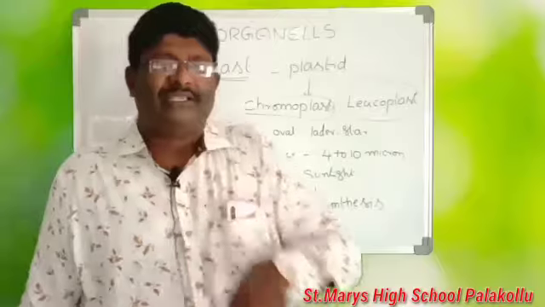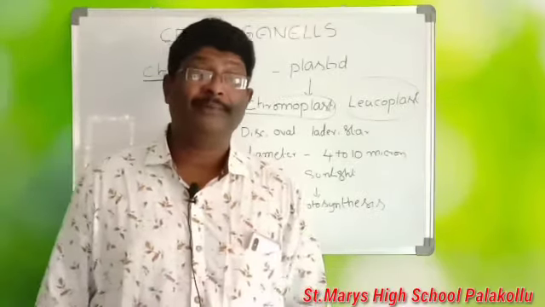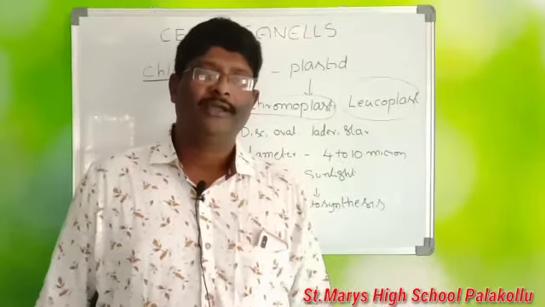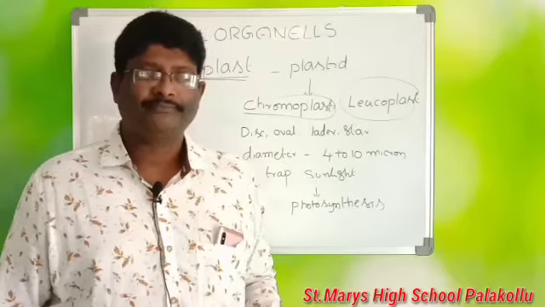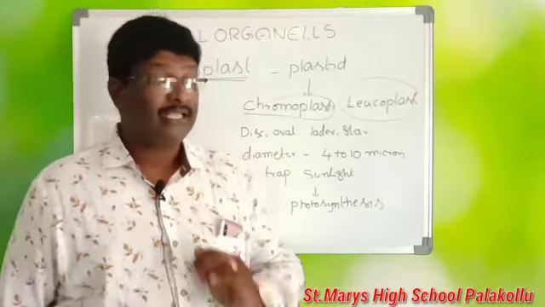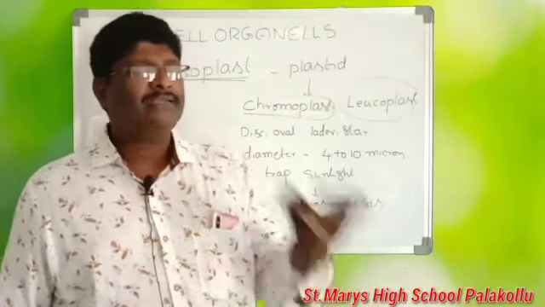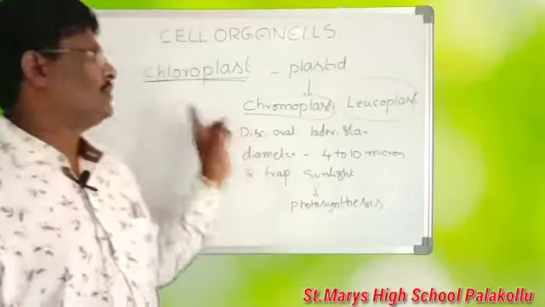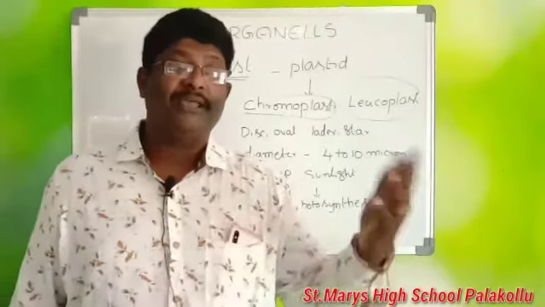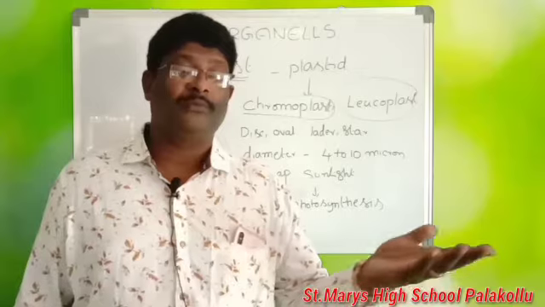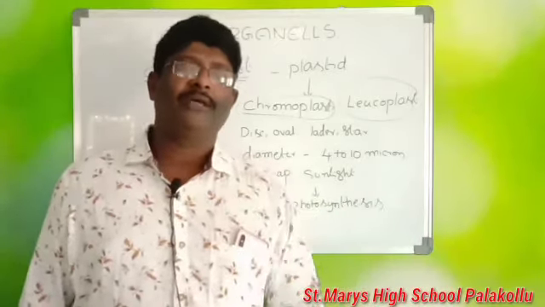So because of this reason, the plants are preparing their own food. Okay na? So if there is no chloroplast, those living organisms can't do the process of photosynthesis. Some of the plants may not do photosynthesis because in their body these chloroplasts are absent.